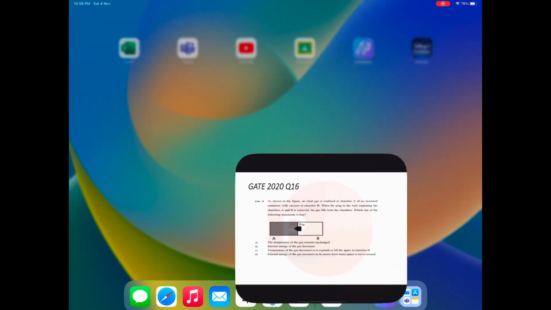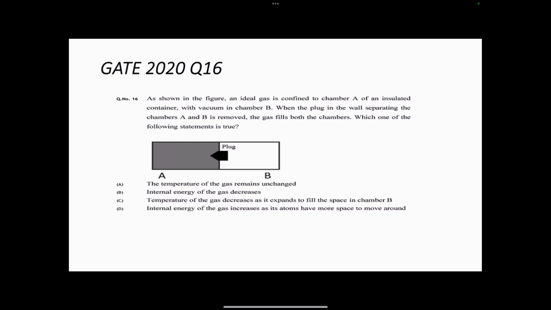So this is a free expansion question, that there is an ideal gas initially at A, and at B it is vacuum. Now slowly this wall separating these two parts A and B is taken up, and the gas freely expands over the entire device, and the device is thermally insulated, which is given in the question.